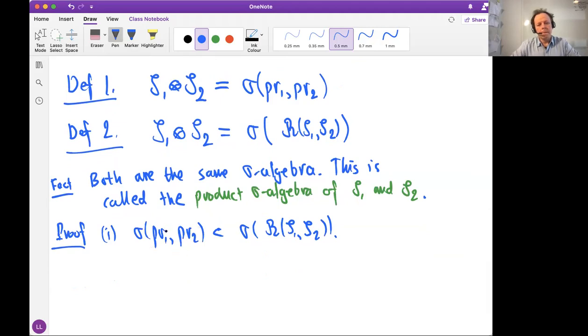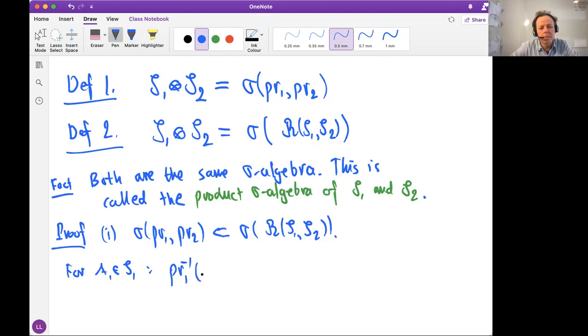This is the smallest sigma algebra that contains all the pre-images of the projections. So if you take any pre-image, let's see if I can make it on the fly. Take any A1 which is measurable in S1, and let's look at the pre-image by the first projection.